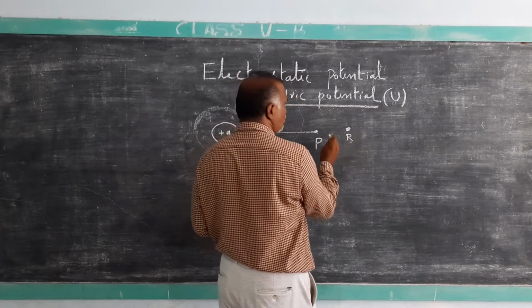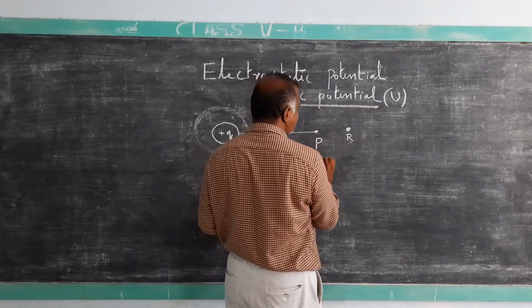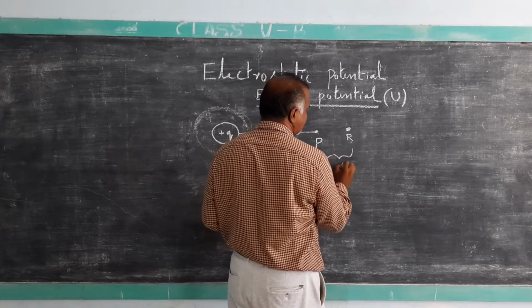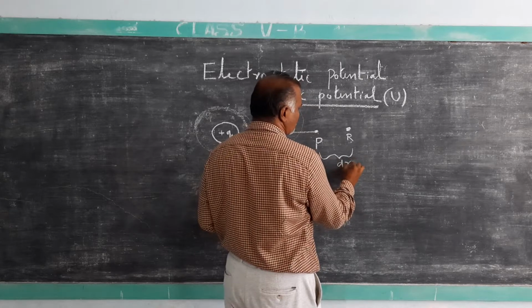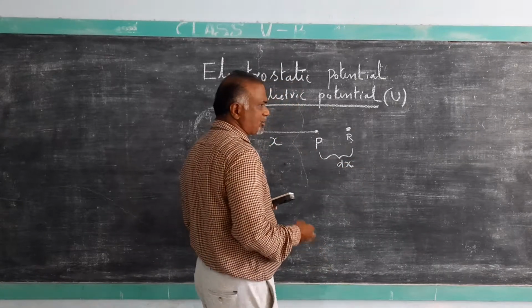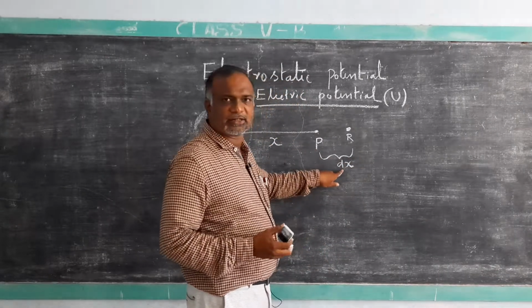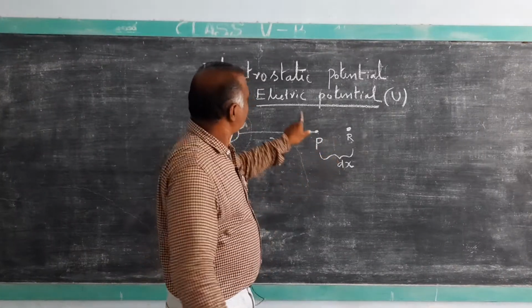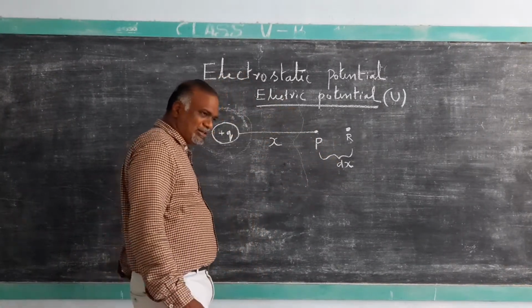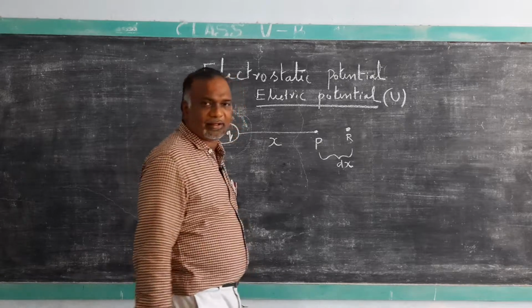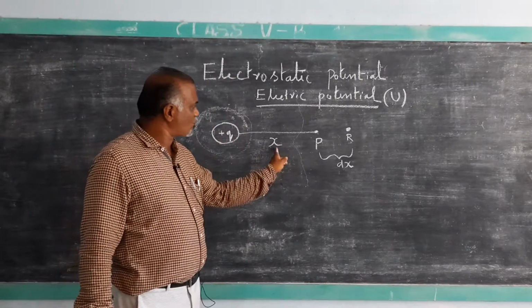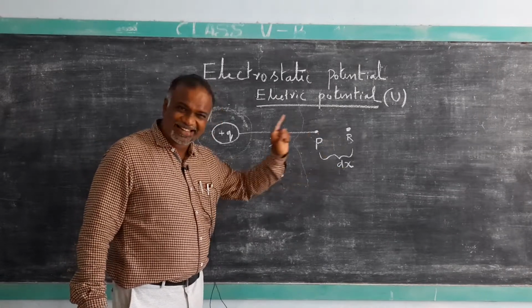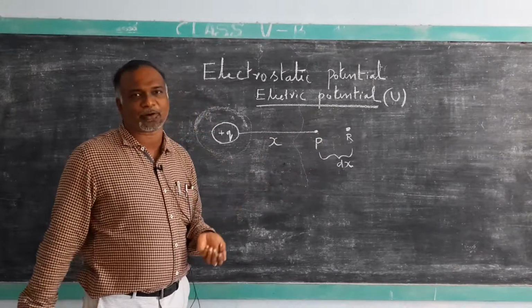So this is a small distance, dx. Actually, if we make this notation correct, then teaching electrostatic potential is easy. If the notation x, dx is incorrect, then teaching potential is very difficult.